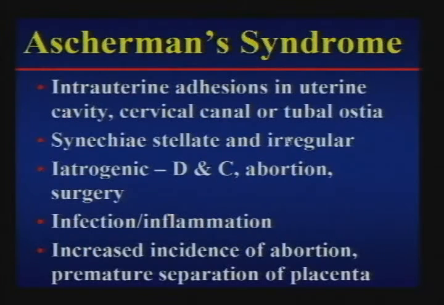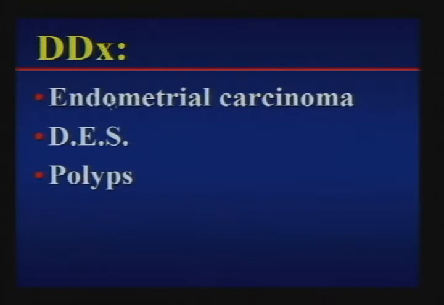Okay, so know when you're supposed to do the HSG: in the first 10 days of the menstrual cycle, yada yada, just read up on it. Okay, this is Asherman syndrome, not a difficult diagnosis to make. It's the synechiae, and again, they're thought to be iatrogenic, although less frequently now, but you can see them post-infection or inflammation. What would be on the differential?